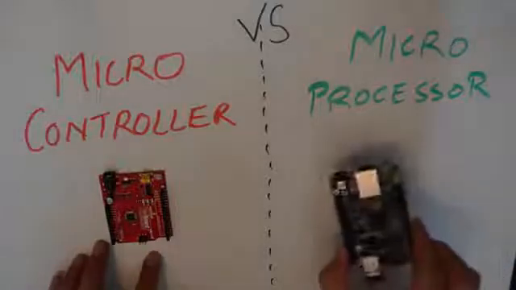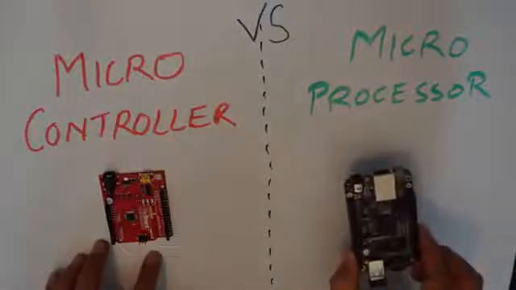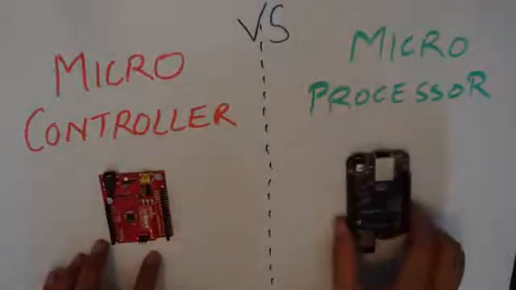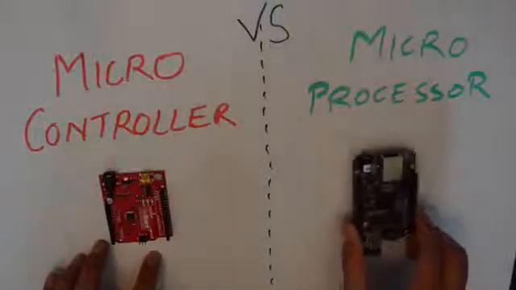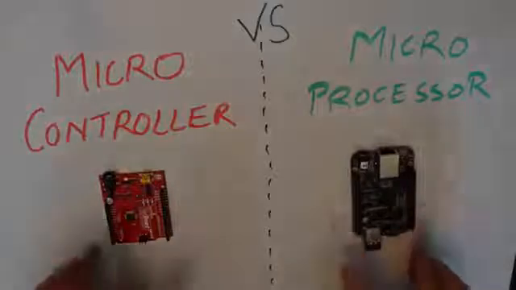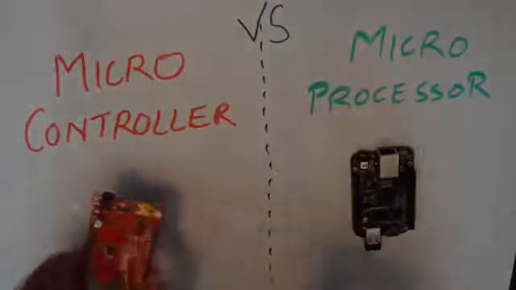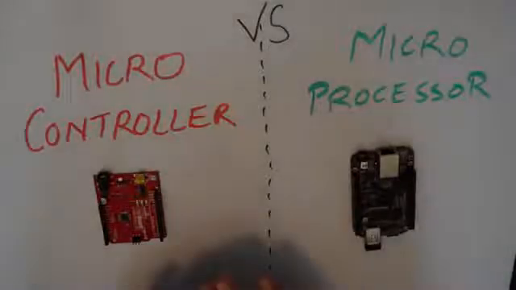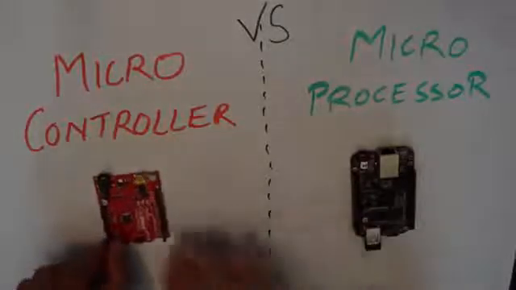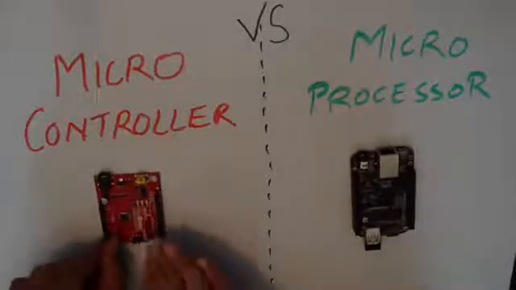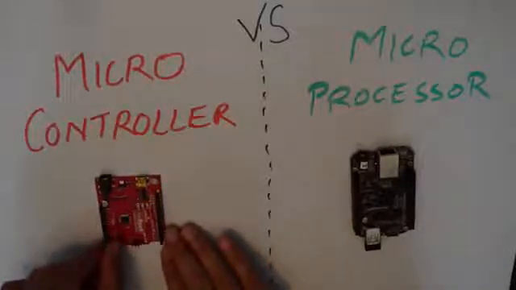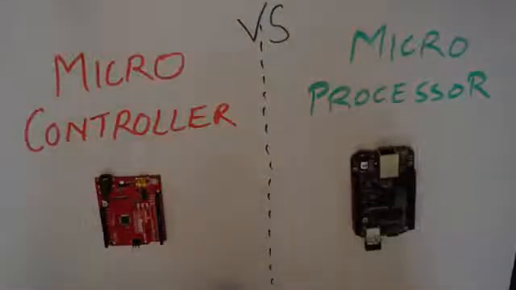For example, on the BeagleBone Black, the operating system running on here is going to be a version of Linux. In my case, it's running Ubuntu. And over here, this is running a very bare metal software interface that is specific to this microcontroller only. So it's not any kind of an operating system.